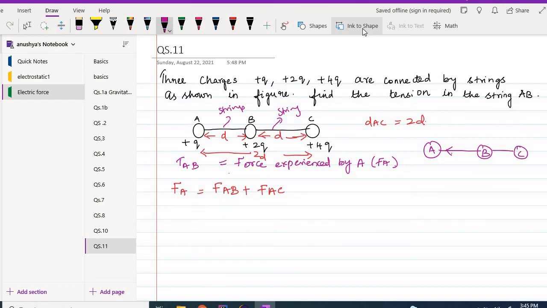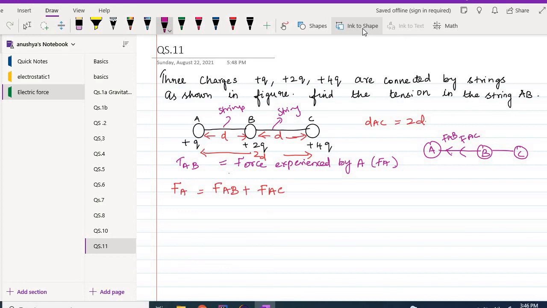So what does C do? C also repels the A. So FAB plus FAC will be the force experienced by the charge at A.